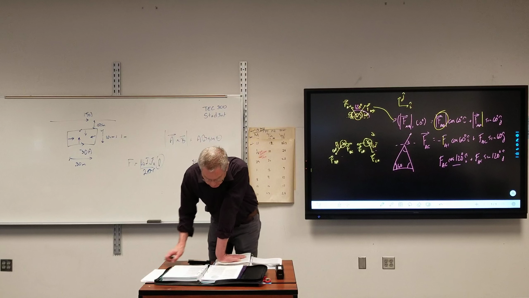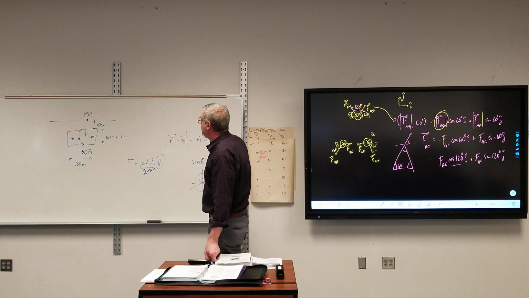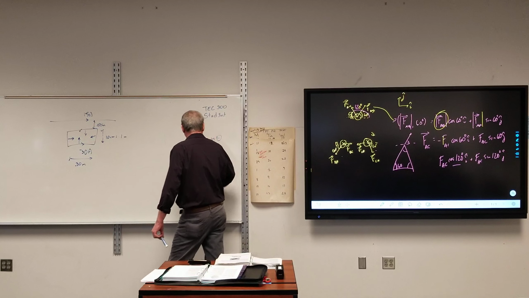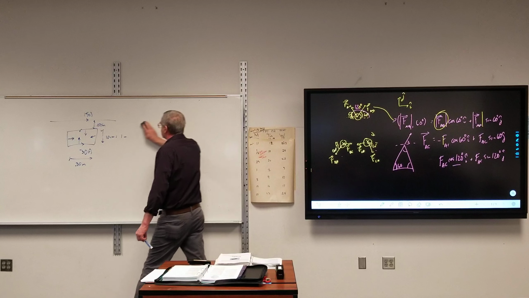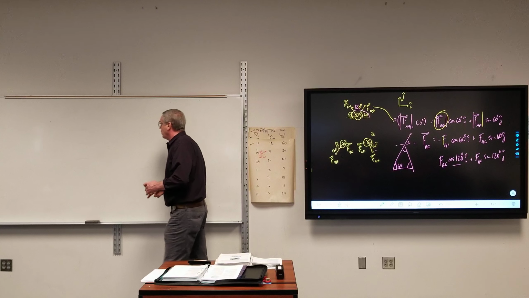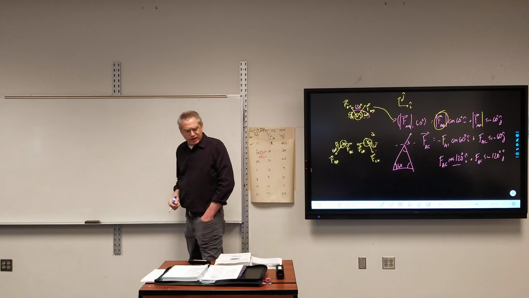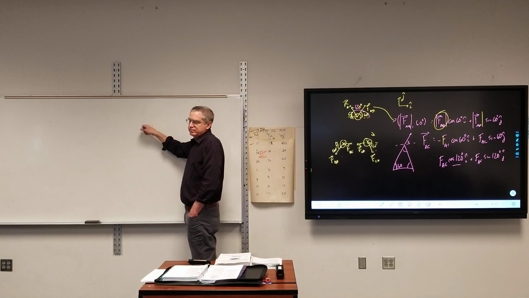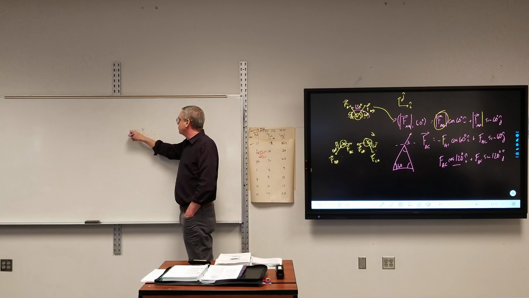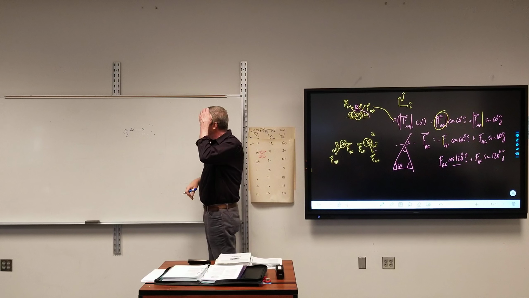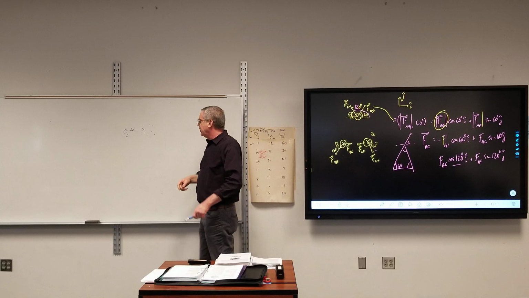Yeah, for part A, the first question, because it starts with T equals 2 pi r over v. Alright, so I know that if I've got a magnetic field that's coming out, and I have a charge moving in, some Q at some speed v, and I assume Q is positive.